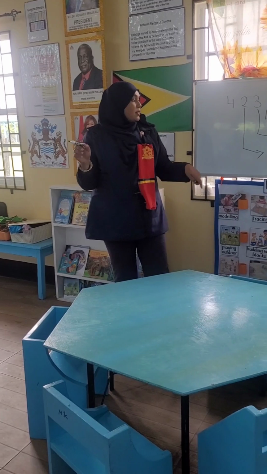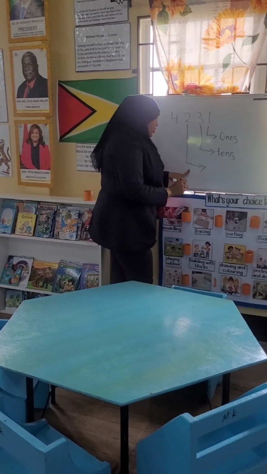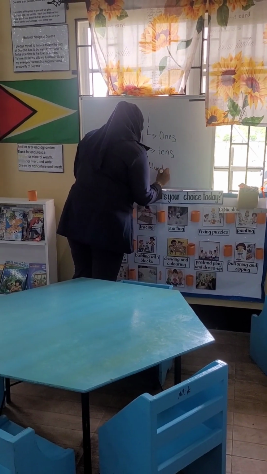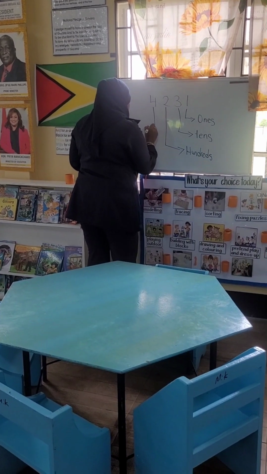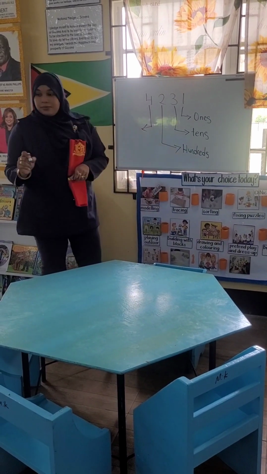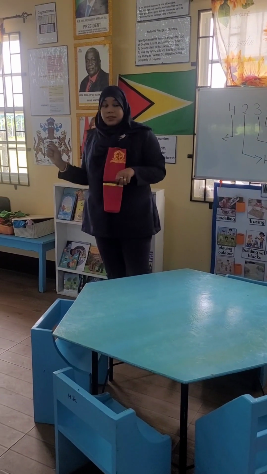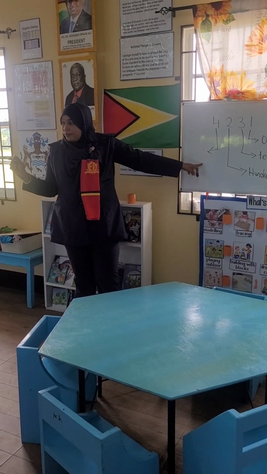Jessica, what is the place value of 2 in this number? Hundreds, very good. And finally, the last number. Ryan, what is the place value of the last number? 4.